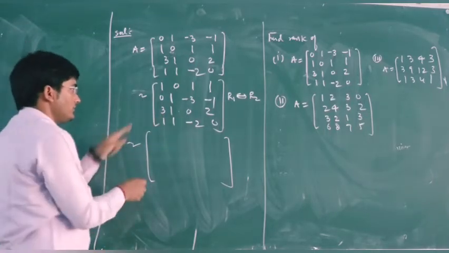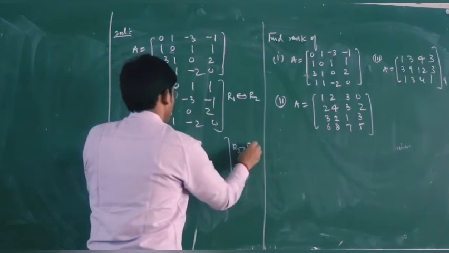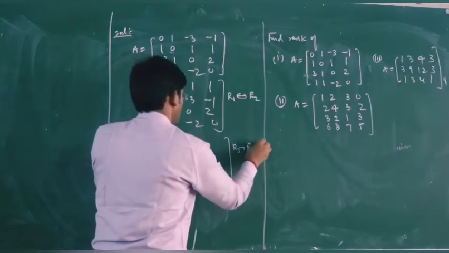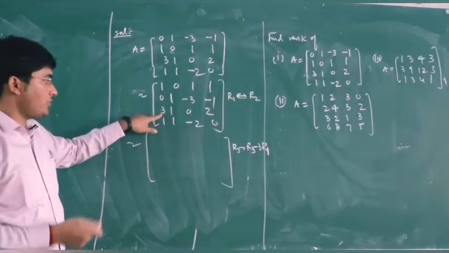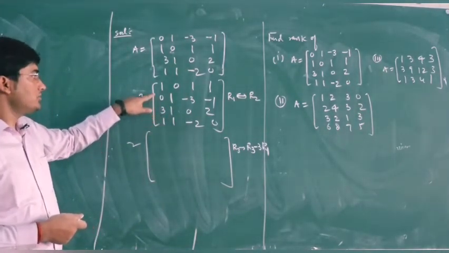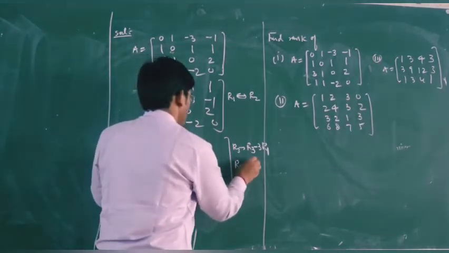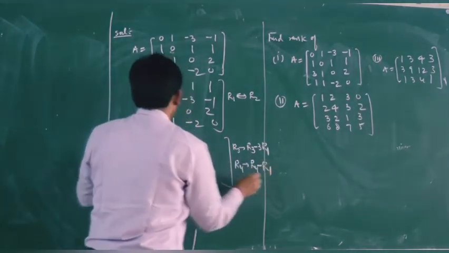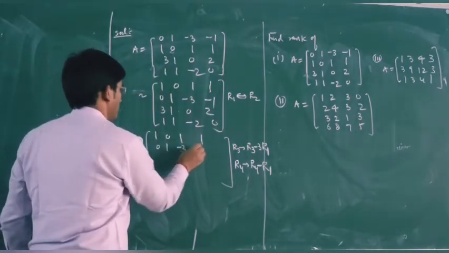So for that, this is our 0. Now I am performing the operation R3 minus 3 times R1, then R4 minus R1.